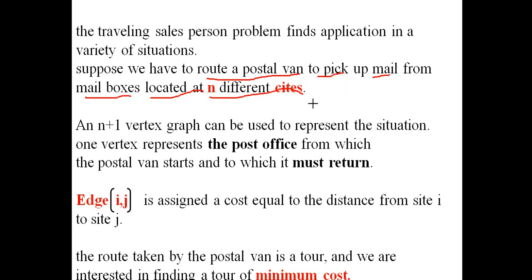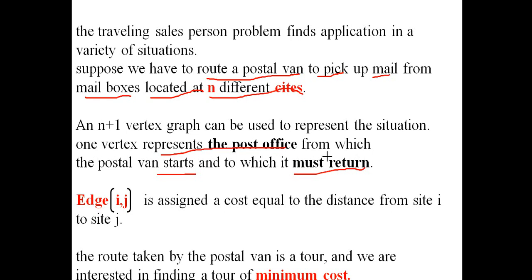So n different cities. Here n plus 1 vertices can be used to represent the situation, and one vertex represents the post office from which the postal van starts and to which it must return.